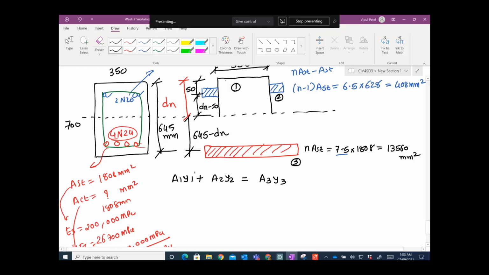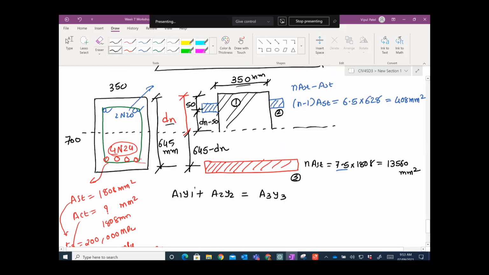Area of zone 1 is basically 350 times dn. So easy, 350 times dn, that is the area. Distance from the centroid to the neutral axis, this one here, sorry, would be dn divided by 2.